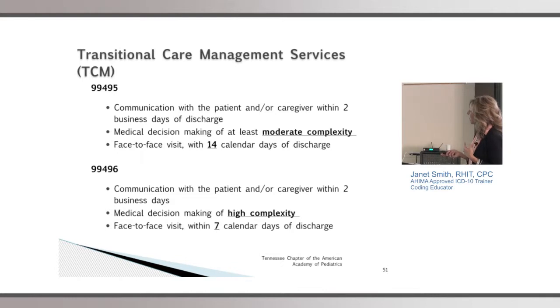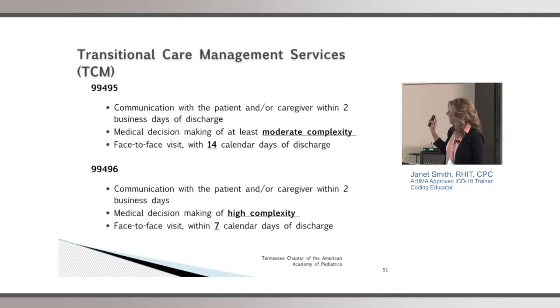So the difference between the 99495 and the 99496: 495 is moderate complexity, and the child has to be seen within 14 days. On the 496, the medical decision-making is high, and the child has to be seen within 7 days. If you have moderate complexity, but the child's seen in 7 days, that doesn't matter.